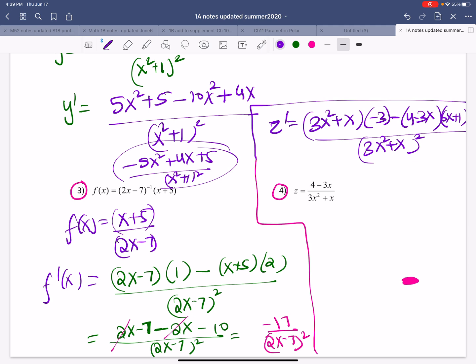And we can simplify it. At this point, we can go ahead and simplify, but I'm going to leave that fun part for you all to simplify.